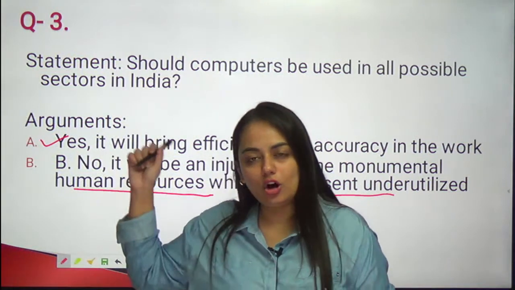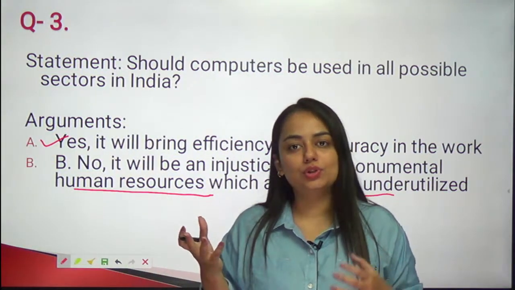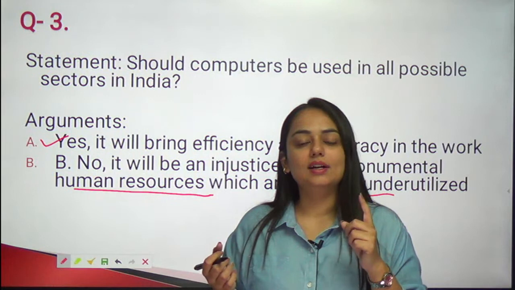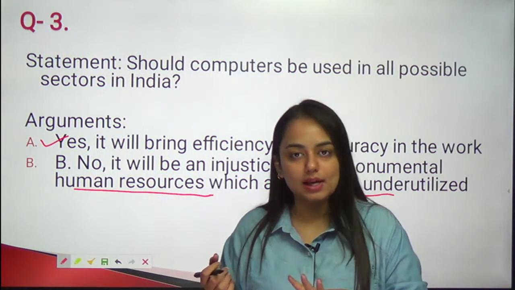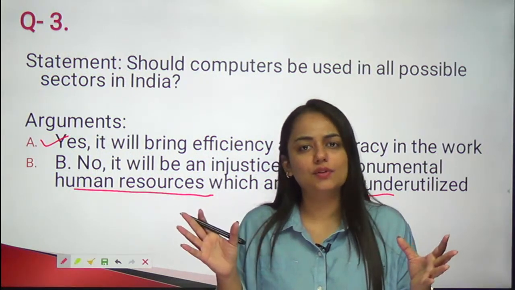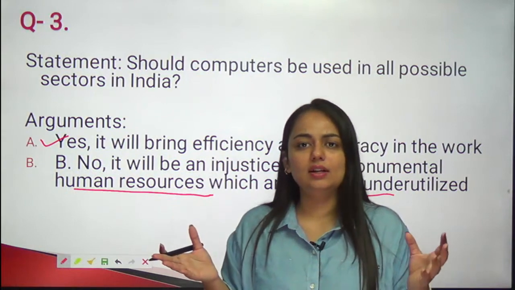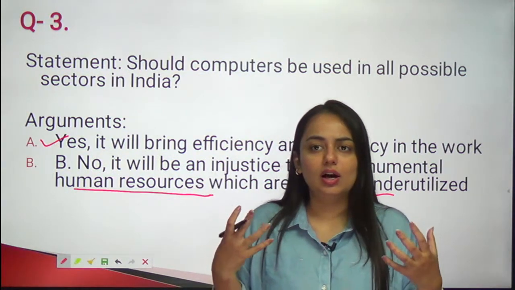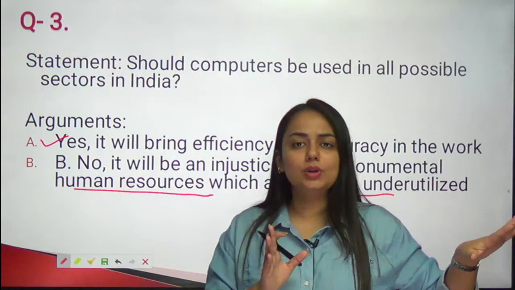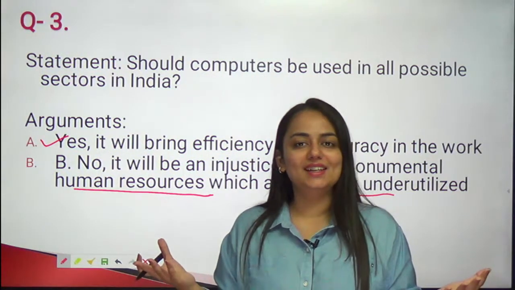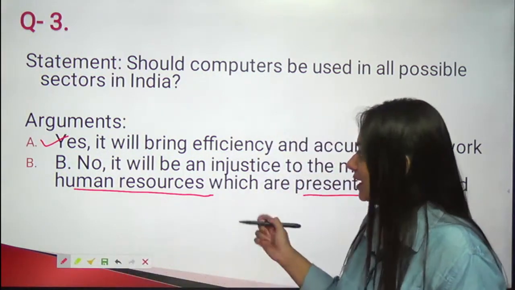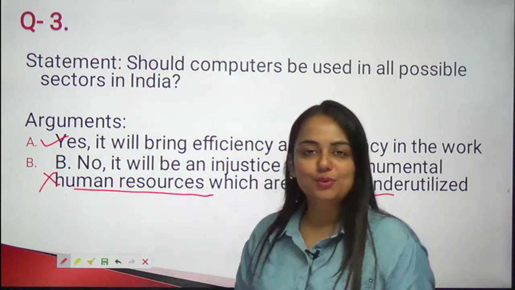Did the author say that computers should be used in place of humans? He said, should computers be used in all possible sectors. That's it. That is all the facts we've got here. He did not say that computers should be installed at the cost of replacing human resources. He did not say it. So why go so negative? So this cannot be the right argument here.